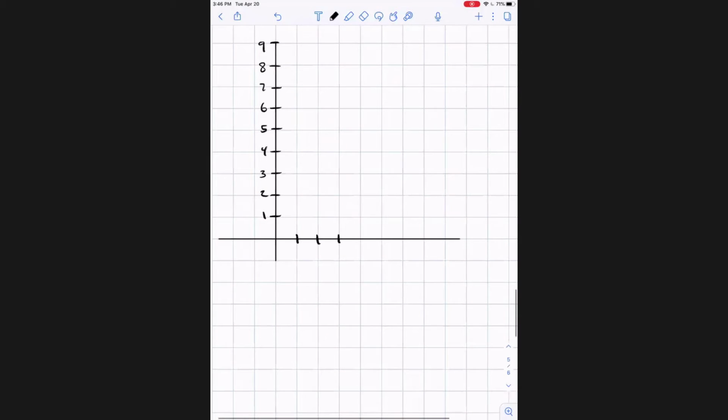Okay, so 0, 0, 1, 1, 2, 4. This is f of x equals x squared.